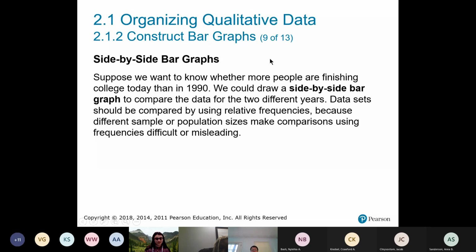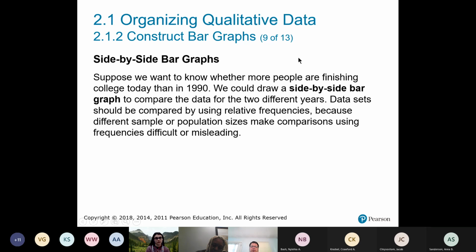I doubt it, because most of the time when you get into side-by-side bar graphs, you have already had a couple of probability and statistics courses. So that's really not a test question. You could make it a test question, but side-by-side graphs are used with two or more sets of data.